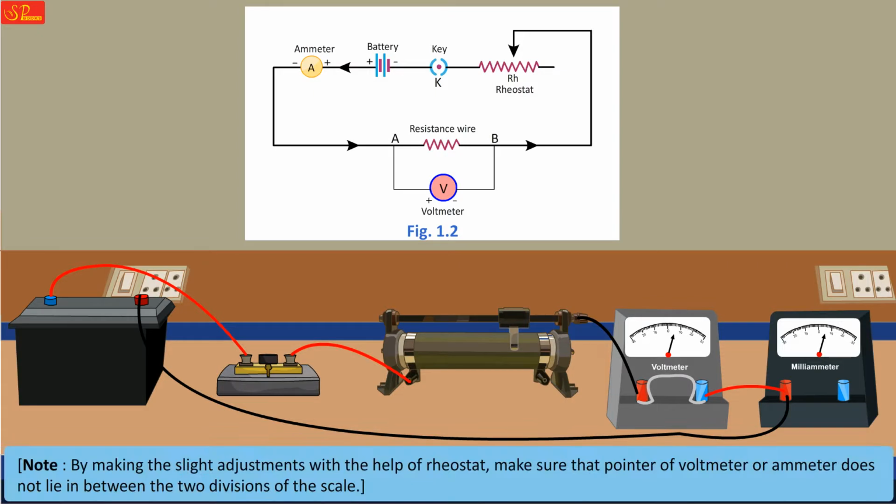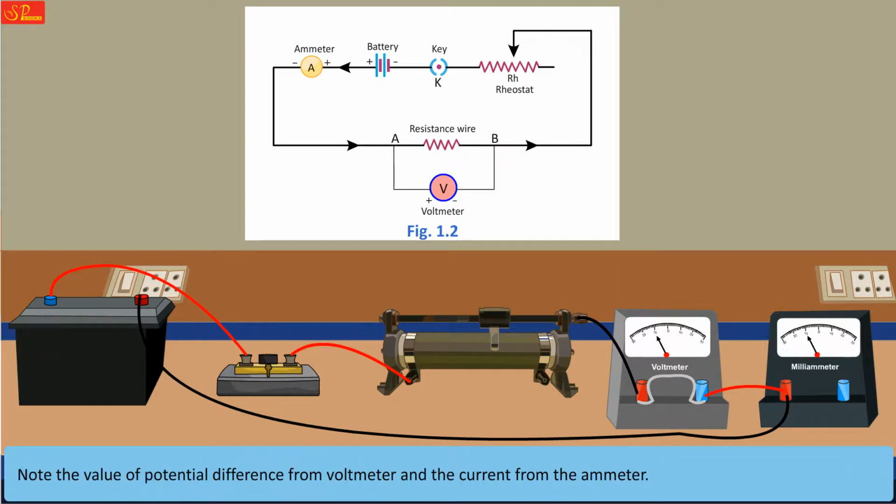Note, by making slight adjustments with the help of rheostat, make sure that pointer of voltmeter or ammeter does not lie in between two divisions of the scale. Note the value of potential difference from voltmeter and the current from the ammeter.